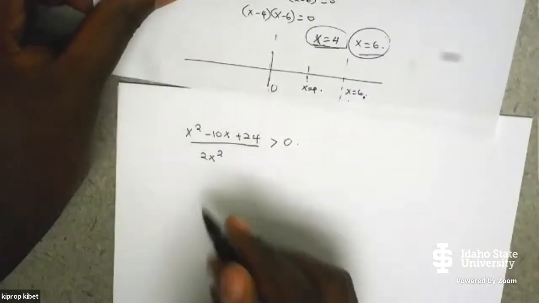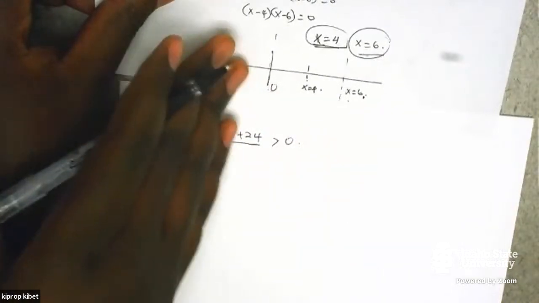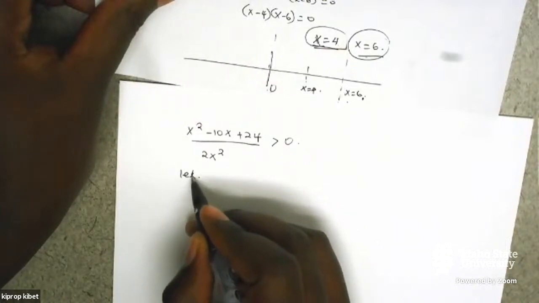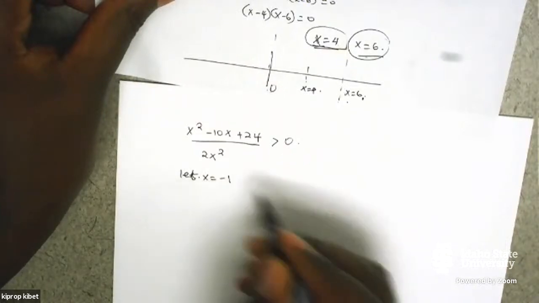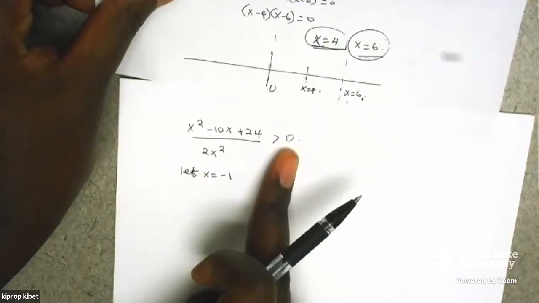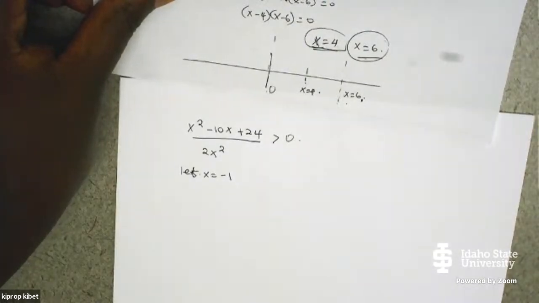So when we let x be before 0, I mean, we have -1, right? So we can let x be equals to -1. Then when we put it here, is it greater than 0? Yeah, you're fine.